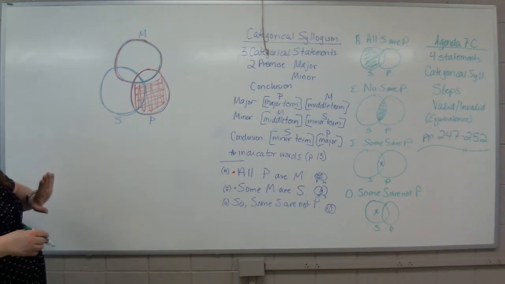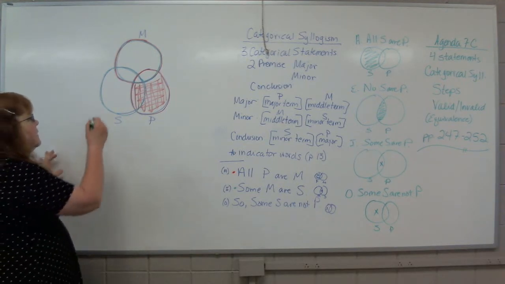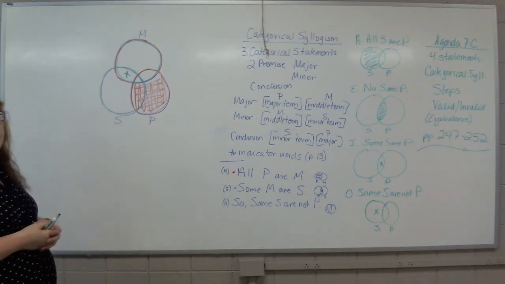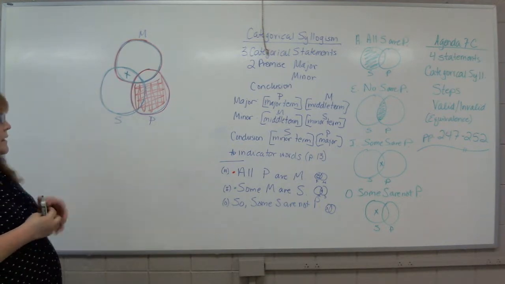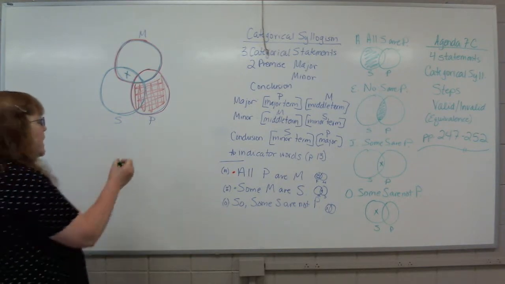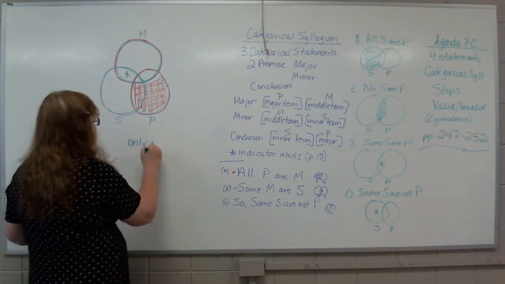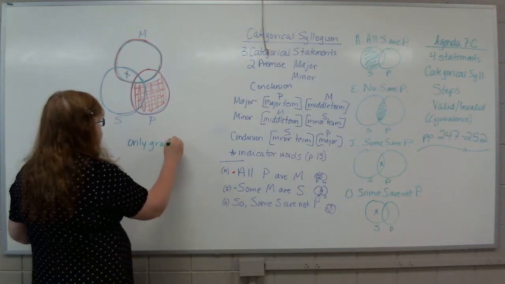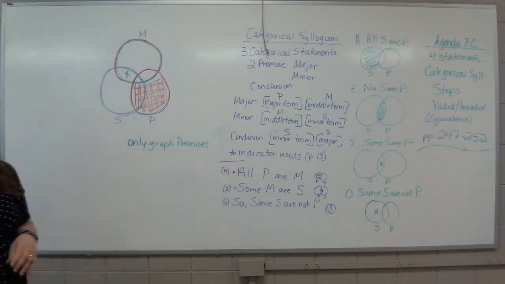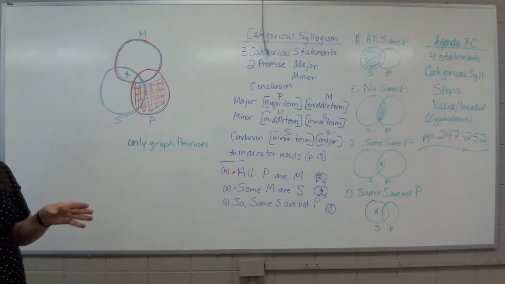Some M are S, so I have to put an X somewhere in that eyeball section. I'm choosing to put mine there, and I'm done. We only graph the premises. Only. Never put your conclusion on the actual graph.